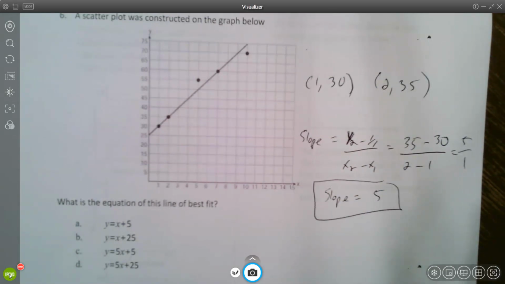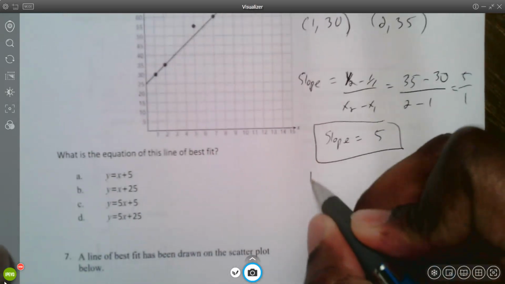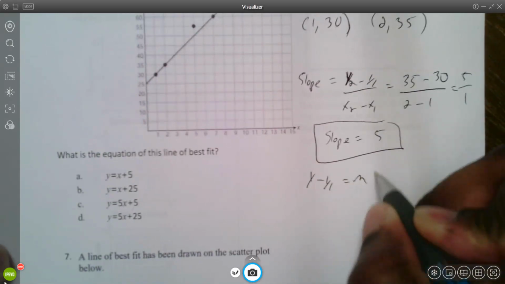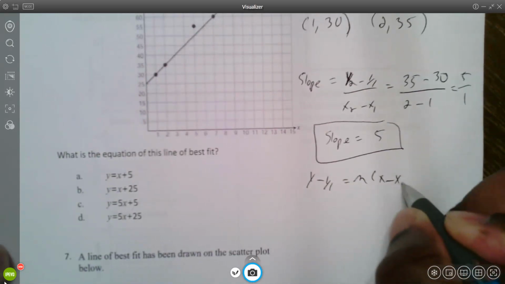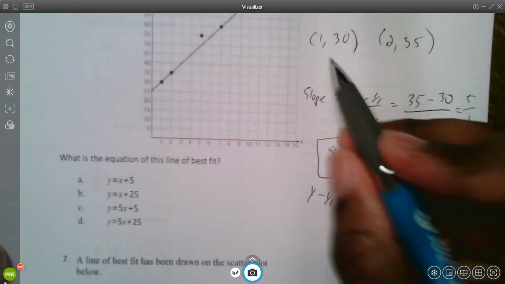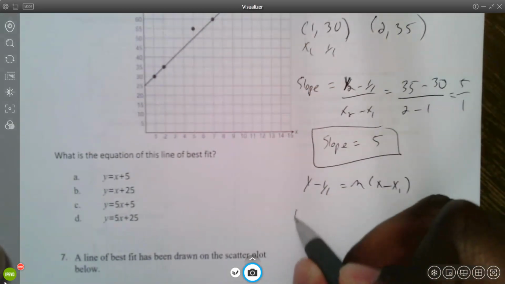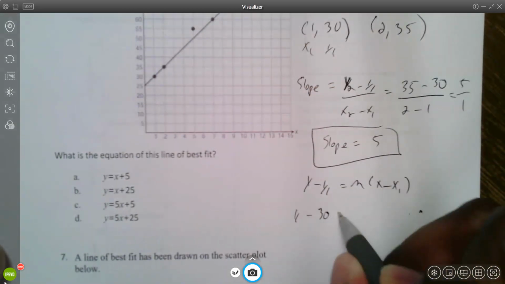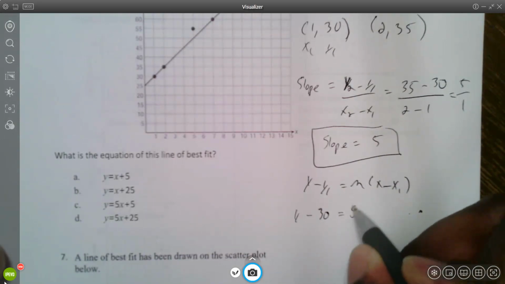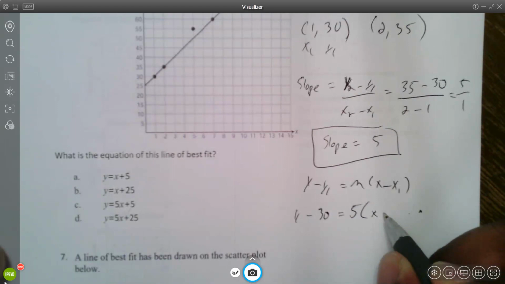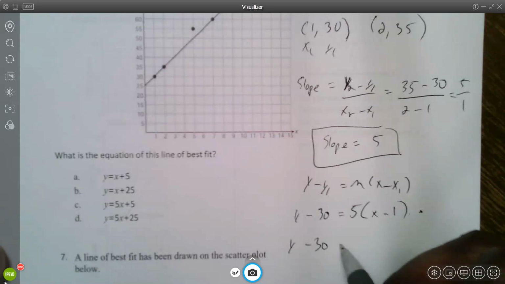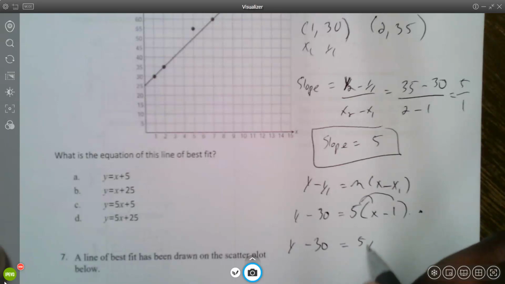From there you want to find the equation for the line using y take away y1 equals m times x take away x1. You need any point; this is a perfectly good point to use for x1 and y1. So y take away 30 equals my slope m, which is 5, times x take away x1, which is 1. After you distribute 5 in the parentheses, you get y take away 30 equals 5x take away 5.